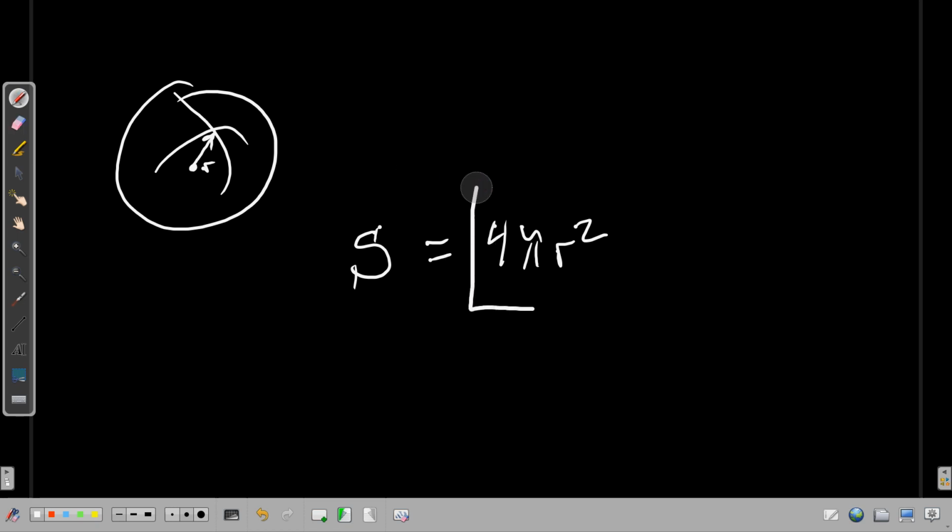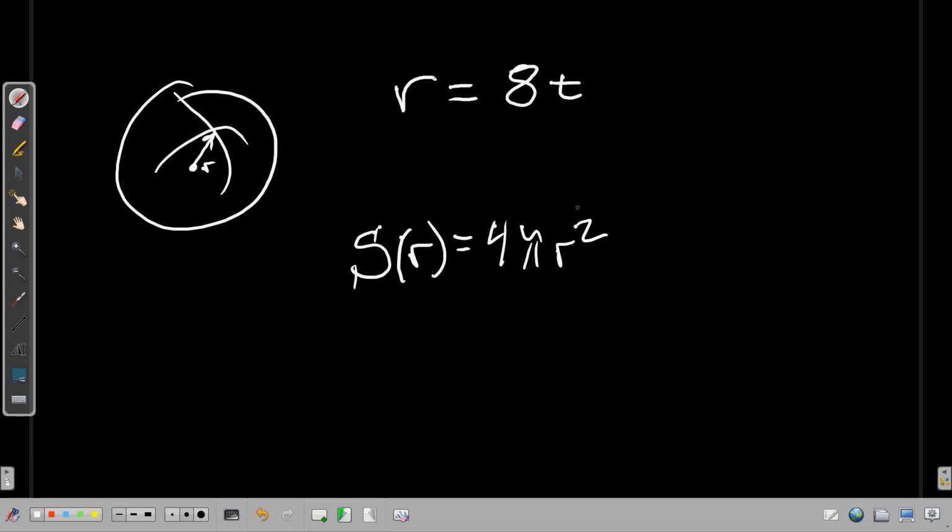And we can see that in this writing of the surface area of the sphere, the only thing it depends on is the radius. So it is a function of r. And if that radius is depending on time, then I'm pretty sure it would be this.